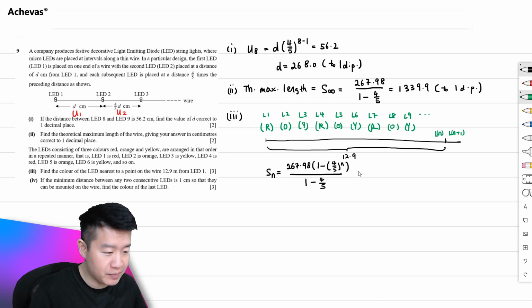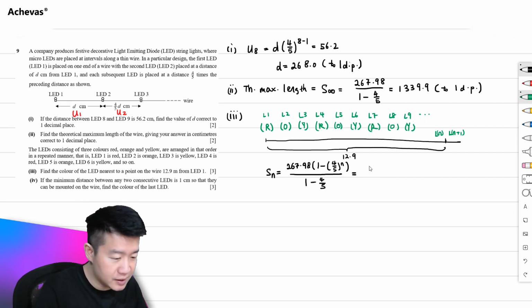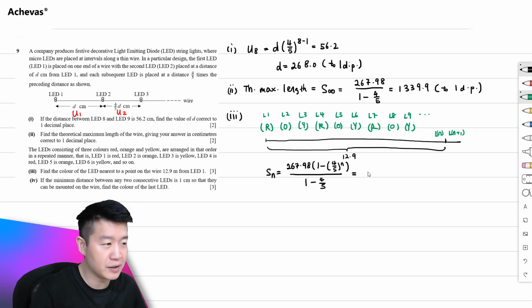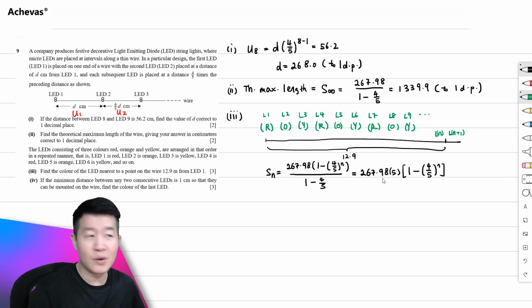Simplifying, this is 267.98 times 5, times 1 minus 4/5 to the power of n. So this represents the total distance, and we want the total distance to be as close to this 12.9 as possible. So I will press this into my GC.